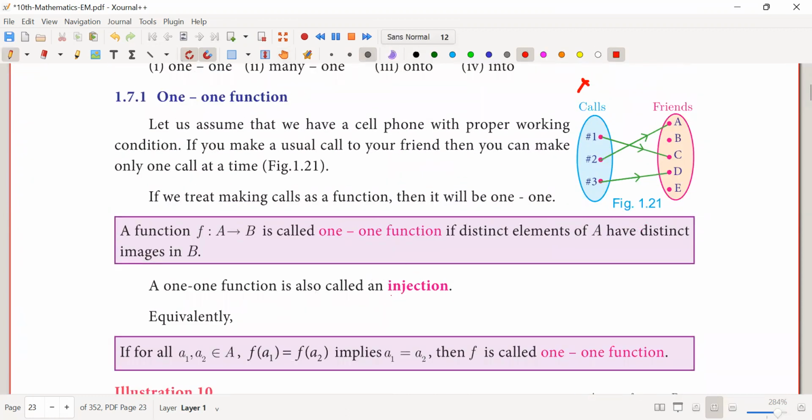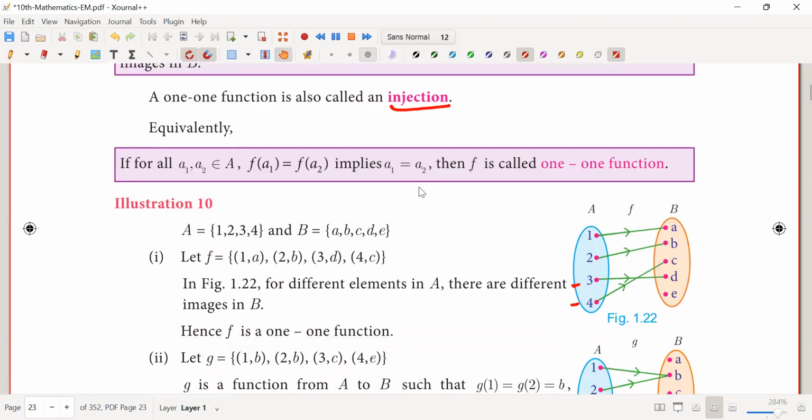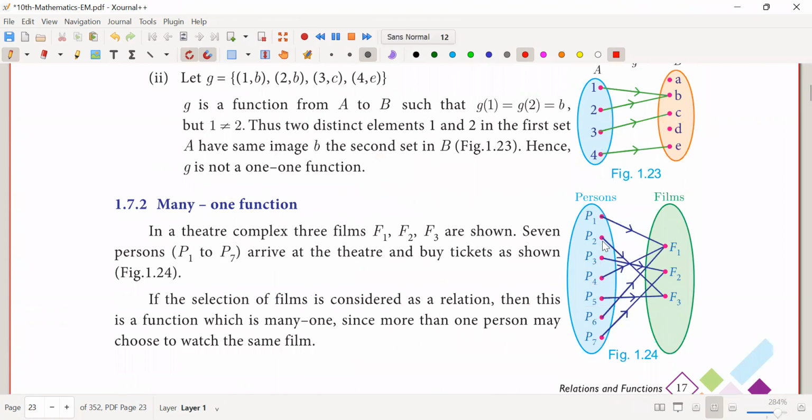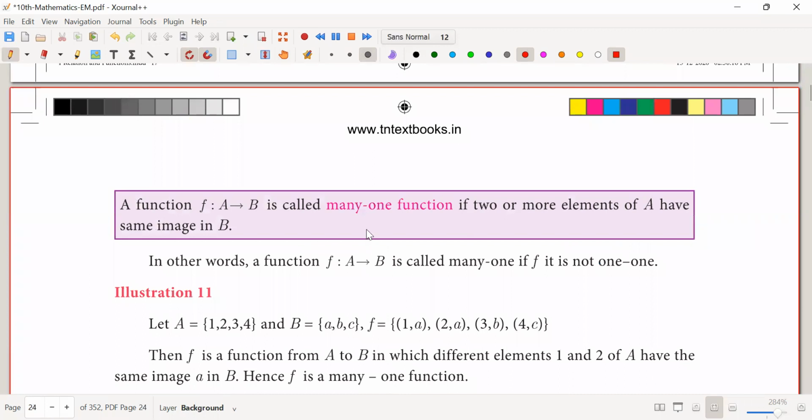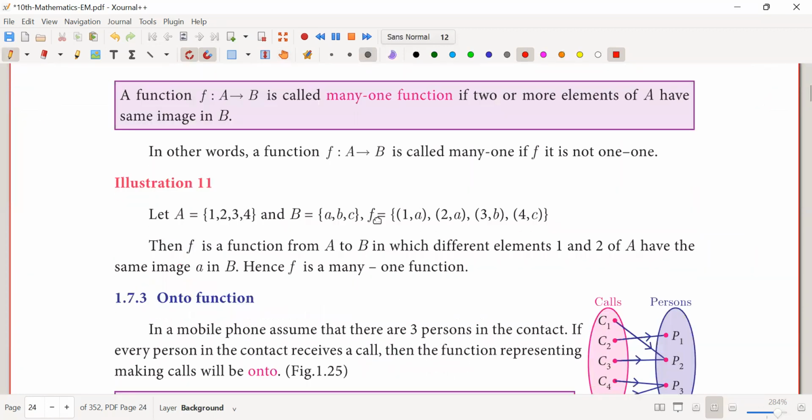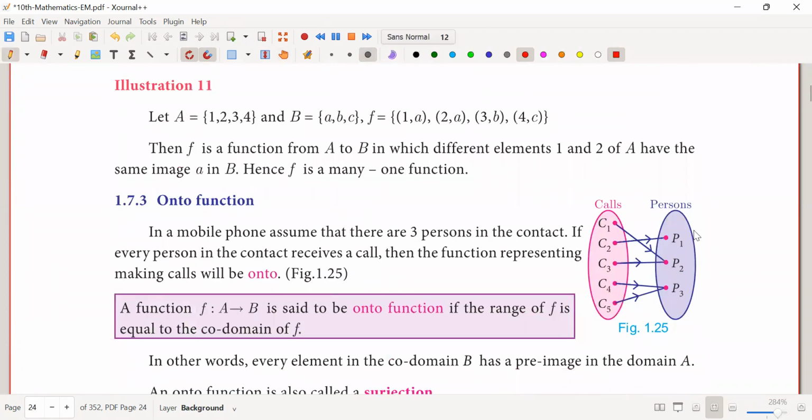One to one function is also known as injection. Then many to one function. Here, P1 and P6 are going to the same image, so it is a many to one function. Then onto function. If the codomain and range are the same, then it is an onto function.